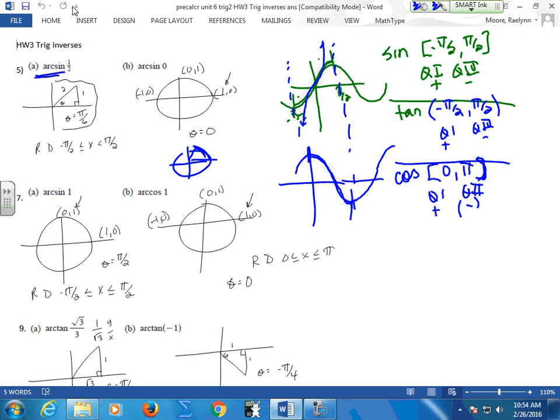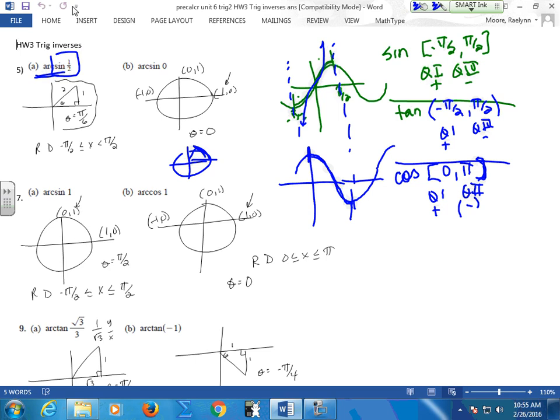Now, cosine, sine and tangent is what you're looking at. You only have the three to look at. So in this case, I ask, where is sine positive? Everybody's positive in quadrant 1. You're only going to get two quadrants on your restrictions.